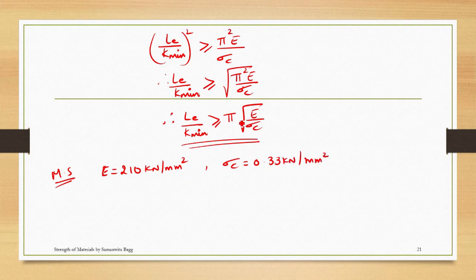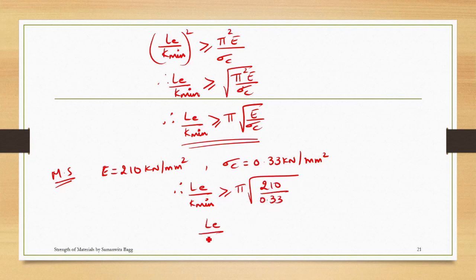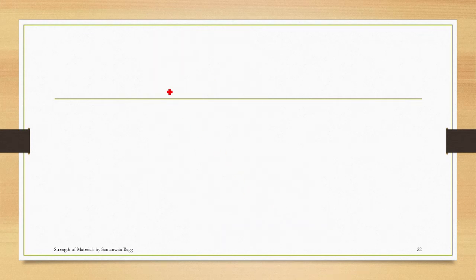When I substitute both over here, I get LE upon K min is greater than or equal to pi root of 210 upon 0.33. On solving, I'll get LE upon K min is greater than or equal to 79.25, that is approximately 80.